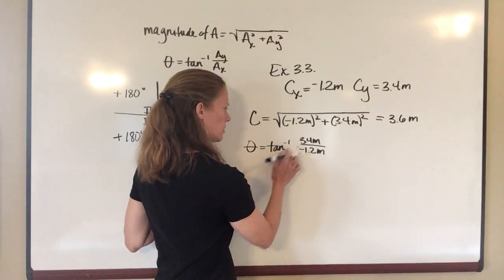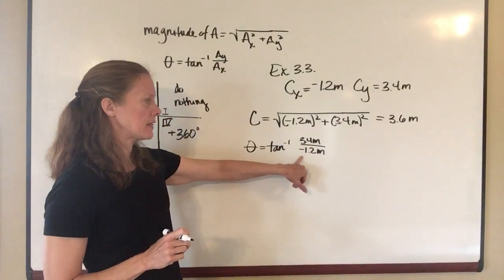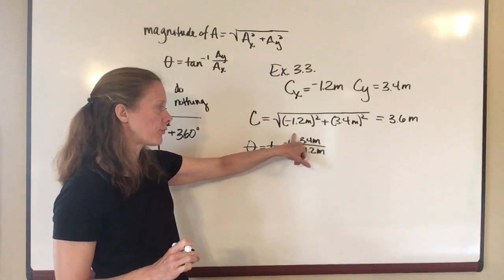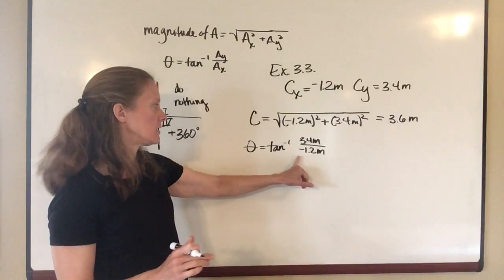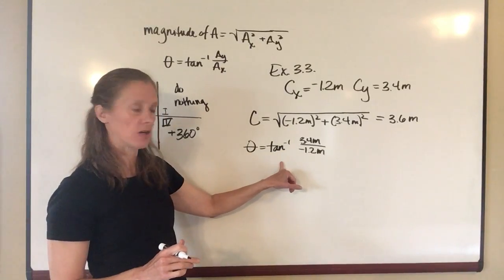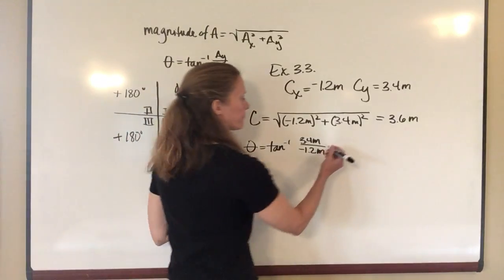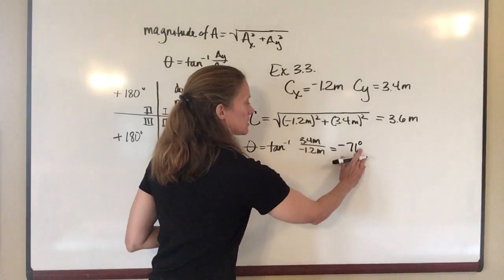Sorry about that. So the inverse tangent of 3.4 divided by negative 1.2. So again, when you type this into your calculator, 3.4 divided by negative 1.2, hit the equal sign, and then calculate the inverse tangent from there. It should give you an answer of negative 71 degrees.